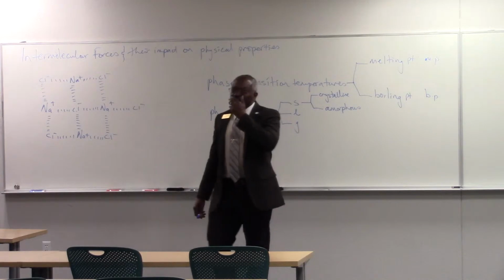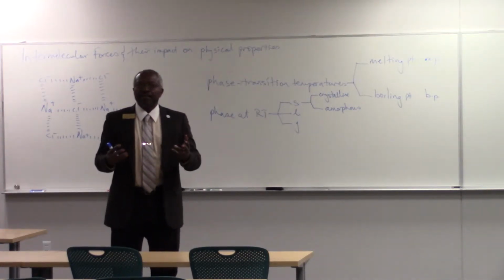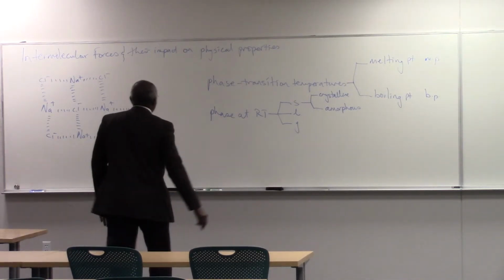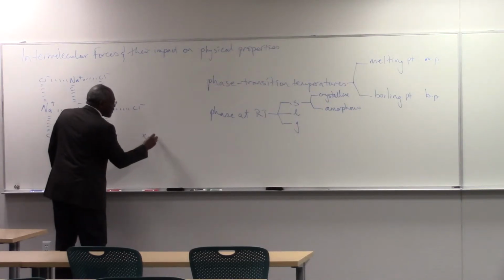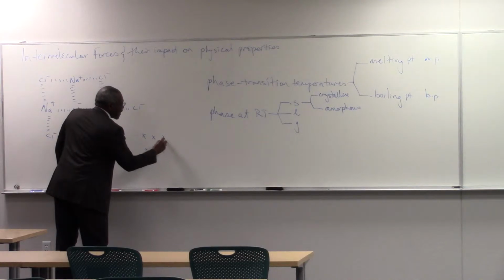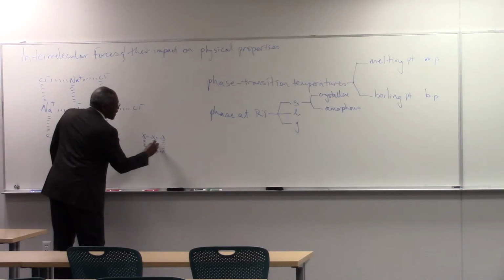So I have to ask myself the question, okay, fine. What does melting point mean? What happens when something melts? Well, I'm going to draw a cartoon. I'm going to say, here is my solid. And these are the interparticle bonds, and those could be intermolecular, or in this case, interionic.